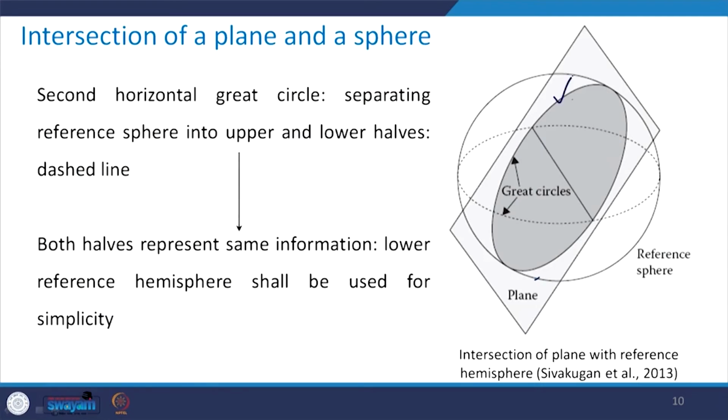Therefore, we have two great circles, one is this one and another one is this one. Now, take a look at this line: this portion will lie in the upper hemisphere and this portion will lie in the lower hemisphere, but the plane is the same. So, both of these hemispheres are giving me the same information.